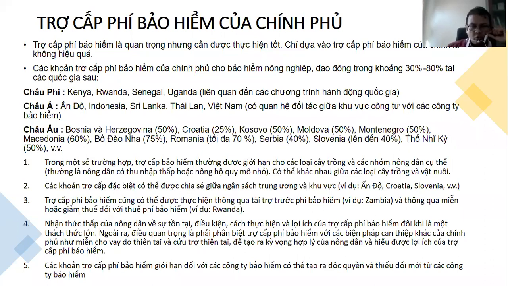Premium subsidies are of course extremely important, and they can really help with enabling the farmers to actually access the products in the first place, making the products affordable to the farmers, leading to a scale up of agriculture insurance. But then again, the implementation of the subsidies should be done very effectively.